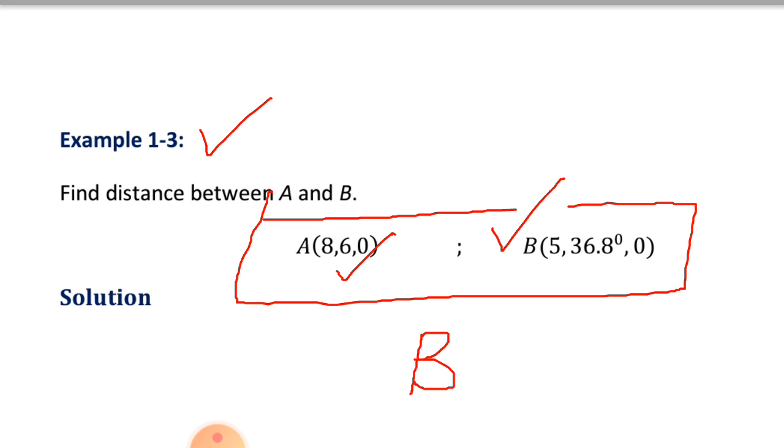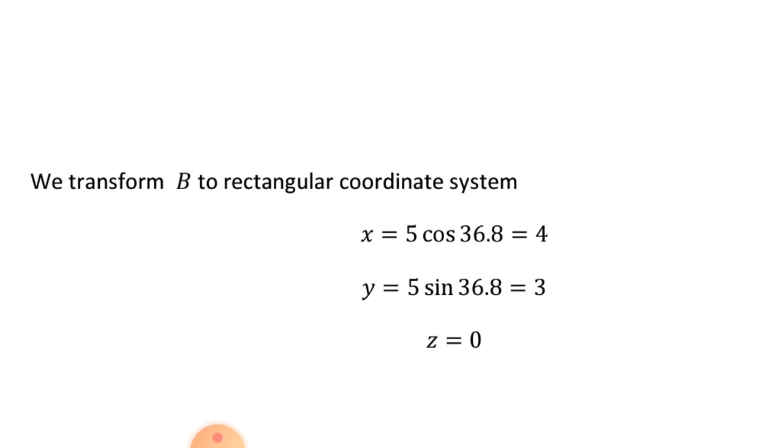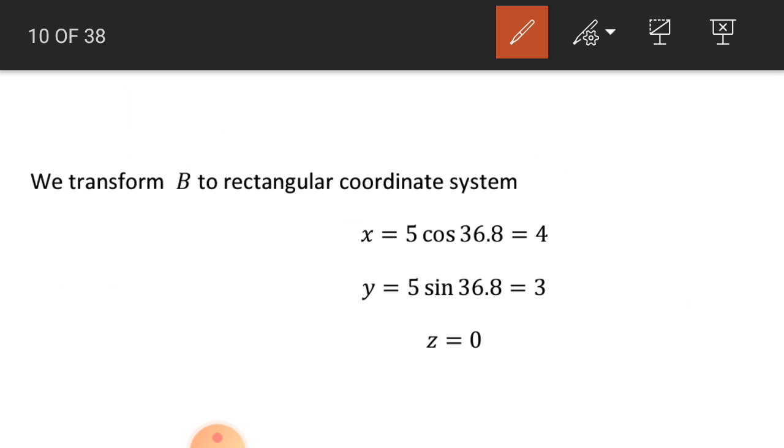So let us transform the second point B from the cylindrical coordinate system into the rectangular coordinate system. We know that x is equal to rho cos phi. So we put the values on the right hand side of the equation.